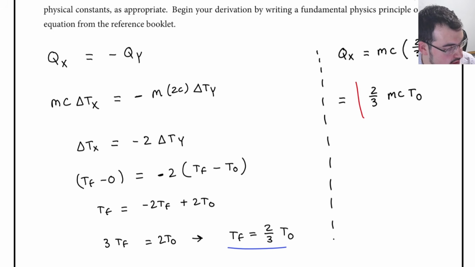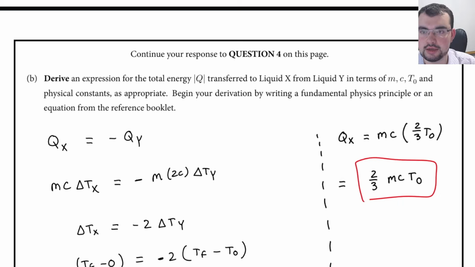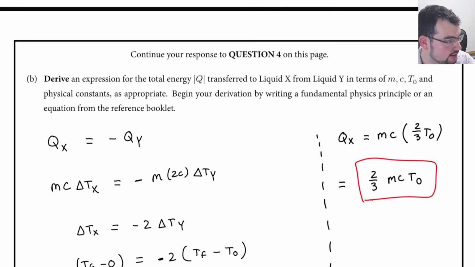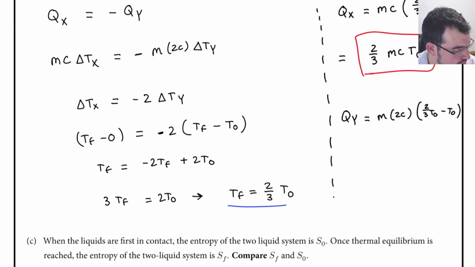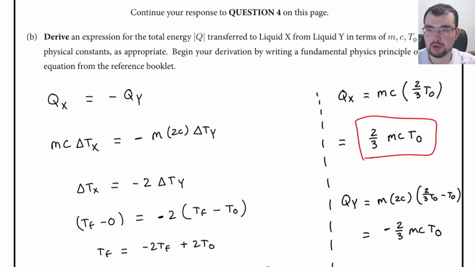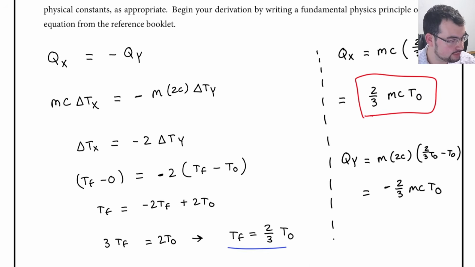You can check it works the other way too, because the energy from Y, oh, we're here. I have so much extra time, so let's do it. M times 2C, because it has twice the specific heat, and its delta T would be final temperature 2/3 T0, initial temperature T0, and I'd get -2/3 MC T0. So we see we get equal and opposite heat transfers here, as expected.